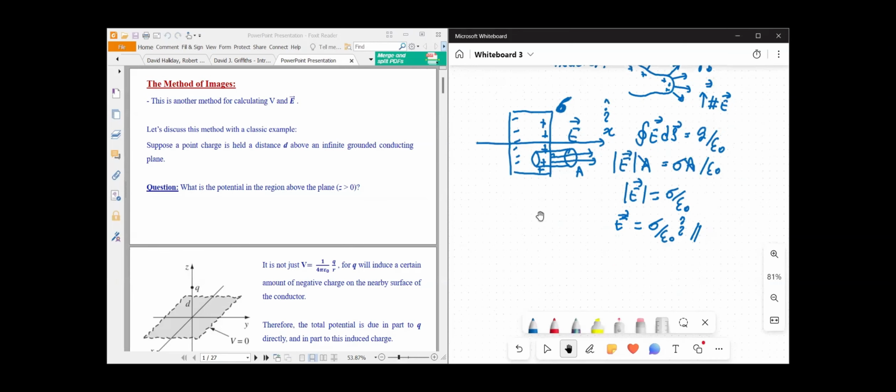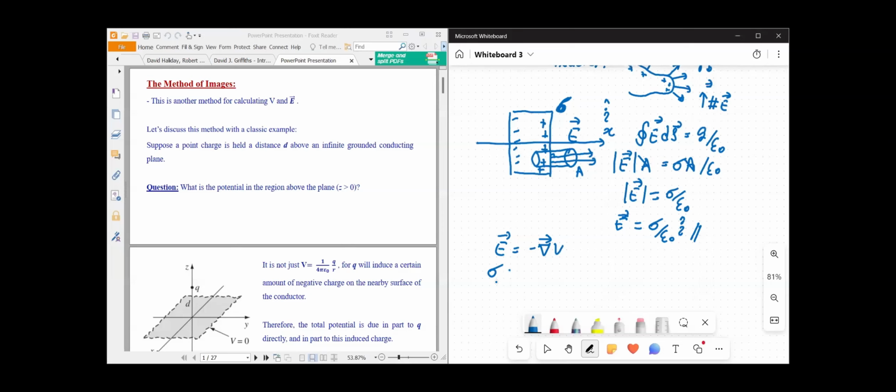Then we know the relationship between electric potential and electric field. So the electric field is equal to minus the gradient of the electric potential. Now we know the electric field here.